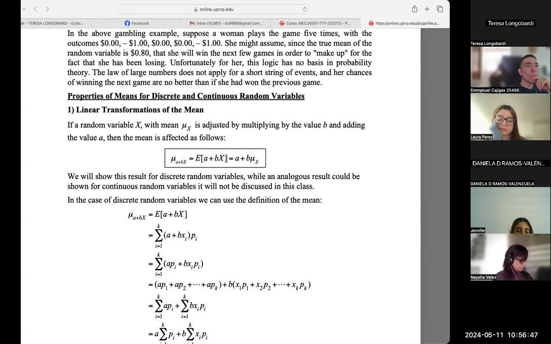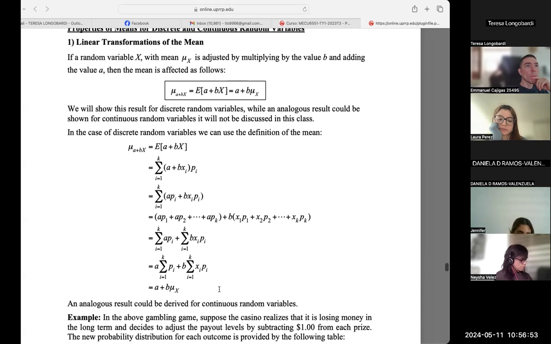How does that affect the parameters? That's the deal here. And the rule is, so here I go through and I prove it all. You don't have to prove anything, but you can read through that. You should feel okay to see it's just algebra. I just collect the terms. What is the rule though? The rule is whatever I do to the variable X, if I multiply by a number, if I add another number, I also do to the mean.